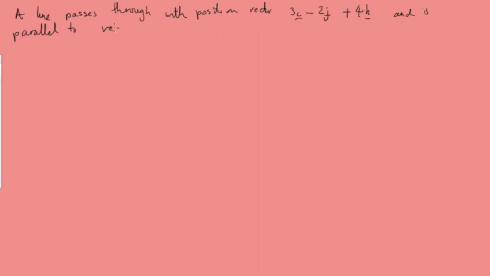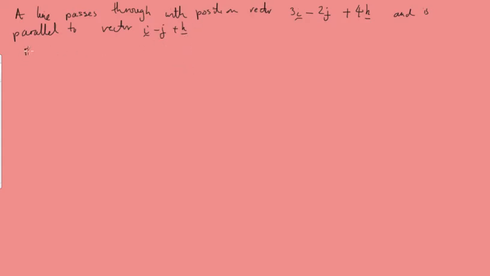So we've got a line that passes through the point with position vector 3i minus 2j plus 4k and is parallel to the vector i minus j plus k.